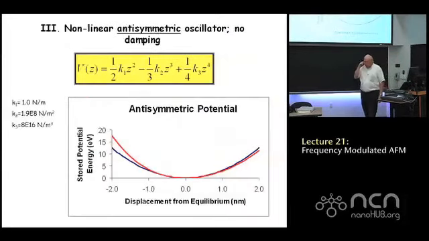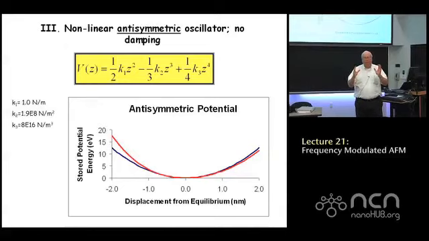The third case I want to discuss is the case of an antisymmetric oscillator with no damping. You say, well, the previous discussion was nice, but it doesn't even come close to resembling the shape of the potential well that the tip oscillates in, because the previous case was symmetric.